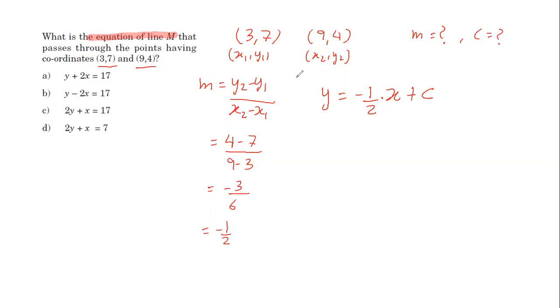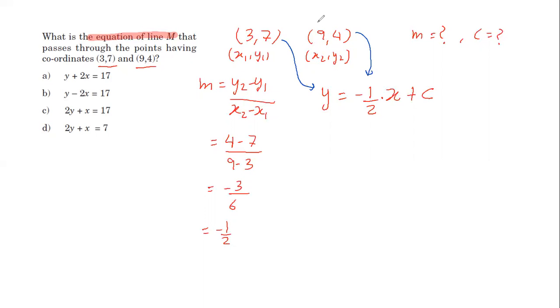So I can put whichever point I want in place of x and y. Now, in this particular case, I'm trying to put 3, 7 in place of x and y. You could have put 9, 4 also. That will also generate the same result.